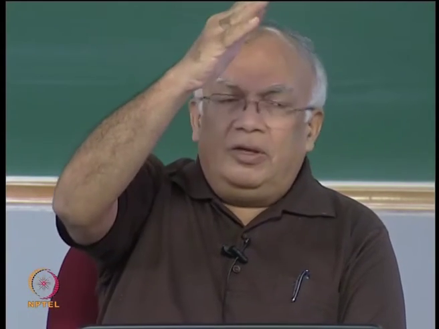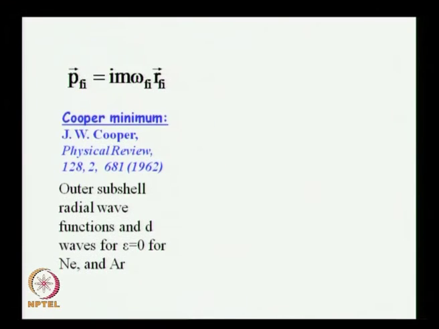And the reason is that the cross section falls, goes through a local minimum, rises again and then falls. This local minimum is what is called a Cooper minimum, and the reason it happens is very simple, which I will mention in brief.